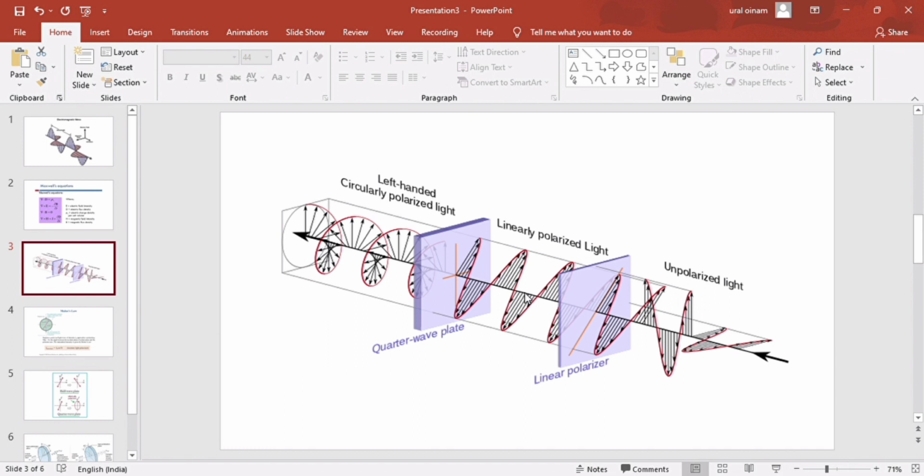A polarizer works by allowing light waves with a certain polarization direction to pass through, while filtering out or reducing the intensity of light waves with different polarization. After this polarizer, we'll go into Malus's law.